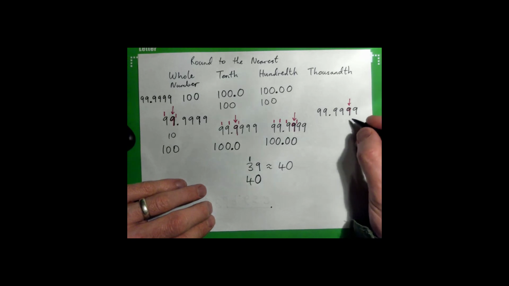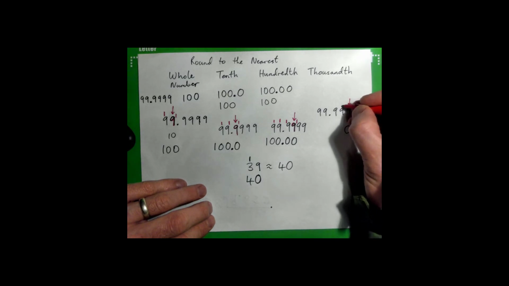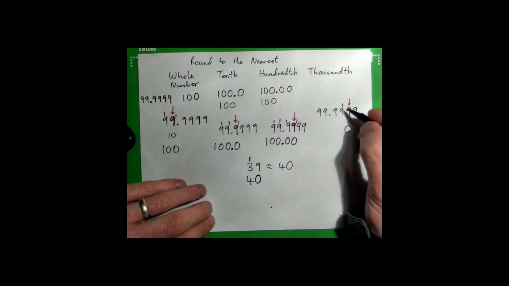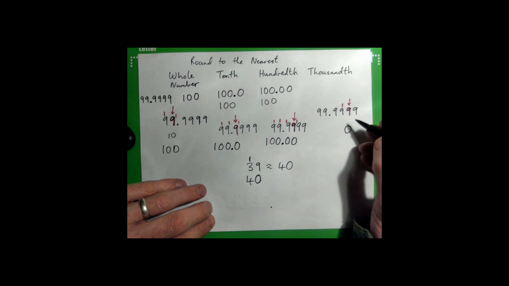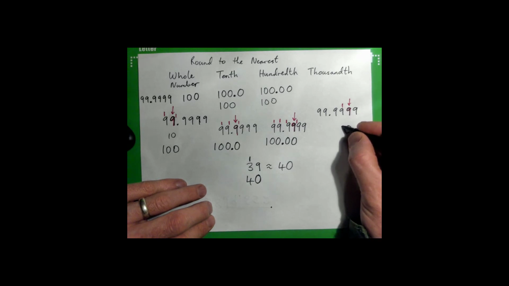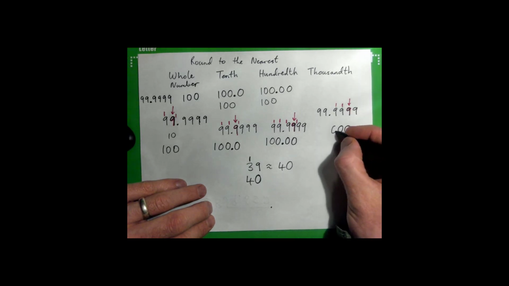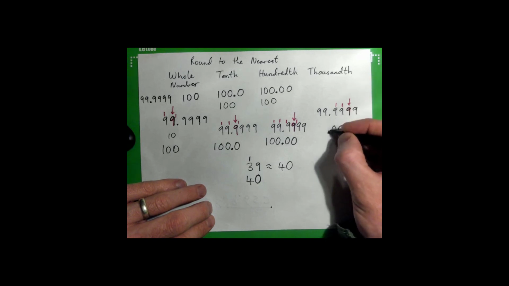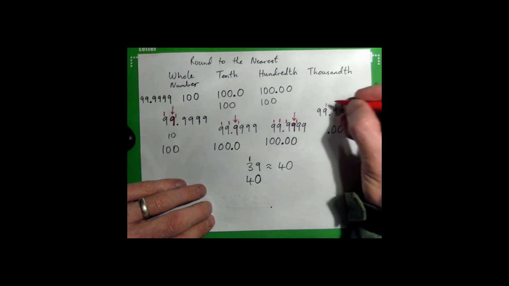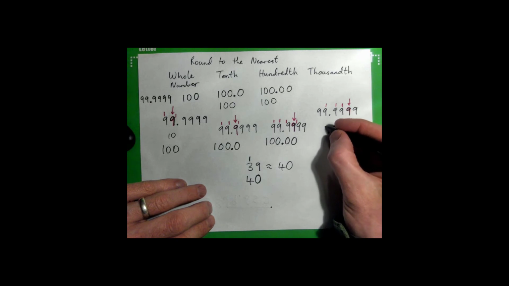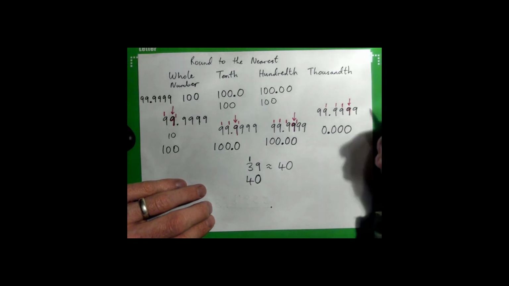Up. So this 9 becomes basically a 10, and I add a 1. And then this 1 and 9 becomes a 10, and you add 1. And this 1 and 9 becomes 10. Put down the decimal point and you add a 1. And this 1 and 9 becomes a 10. Add a 1.